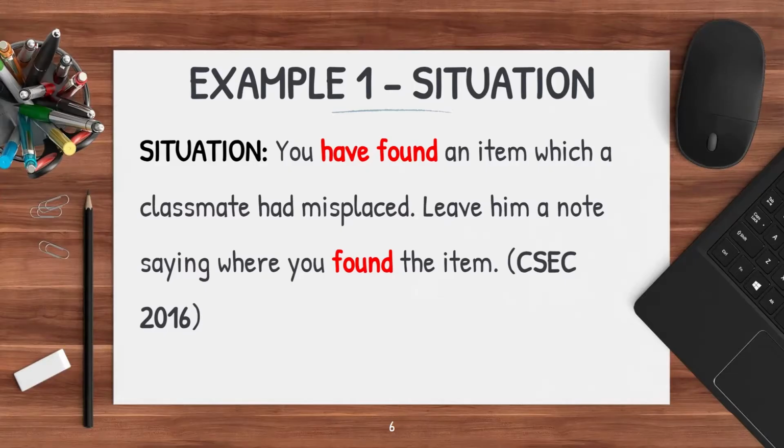So, as the situation requires you to state where you found the item, it means that you need to use the past tense, because the word found is the past tense of find. So by looking at this, we know we need to use the past tense.